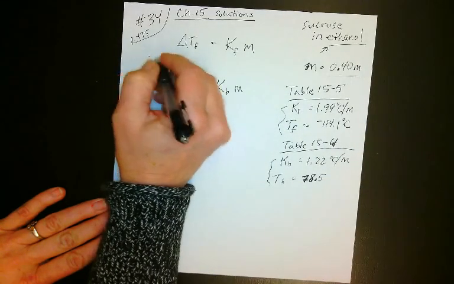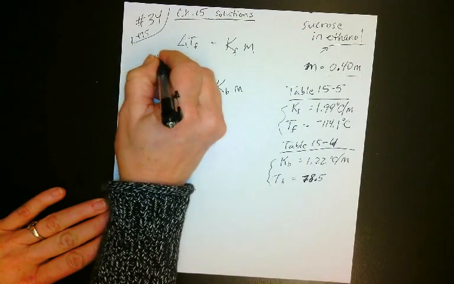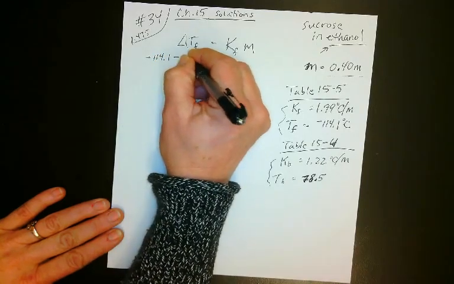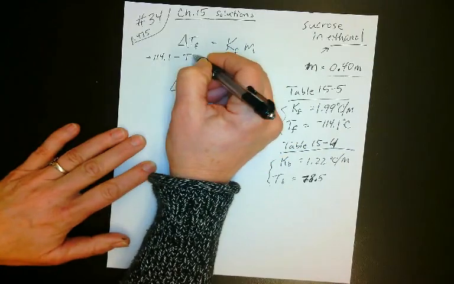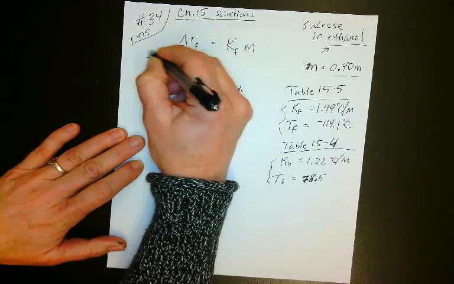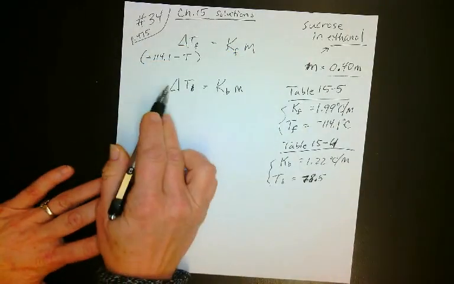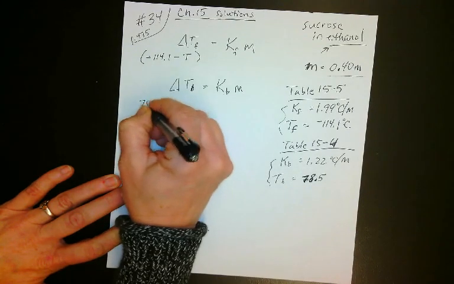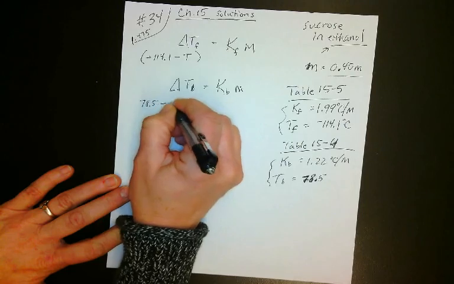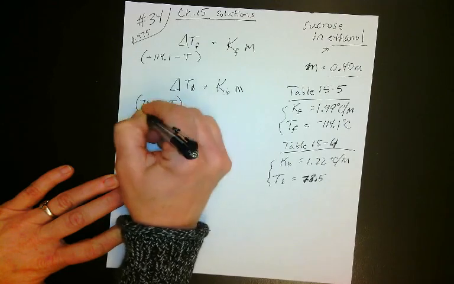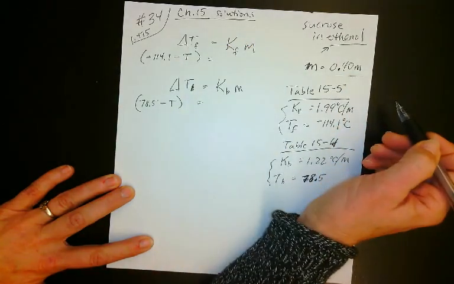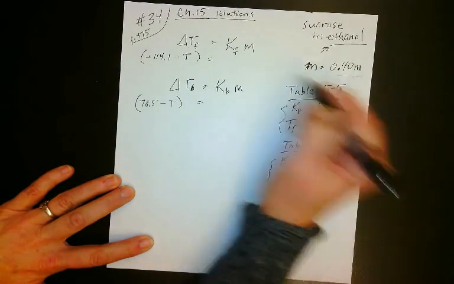So for freezing, you're going to end up taking negative 114.1 minus the T value, the temperature that we're looking for. For the boiling side, we're going to take 78.5 and subtract it from the T value that we're going to be getting. And then that will equal our KF, 1.99.